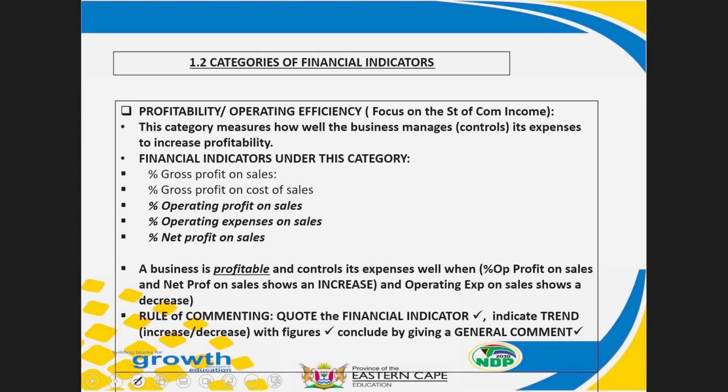Now let me touch on the first category of financial indicators, which is profitability, which is also known as operating efficiency. Now, grade 12s, as we are looking at this category, our focus must be on the statement of comprehensive income.